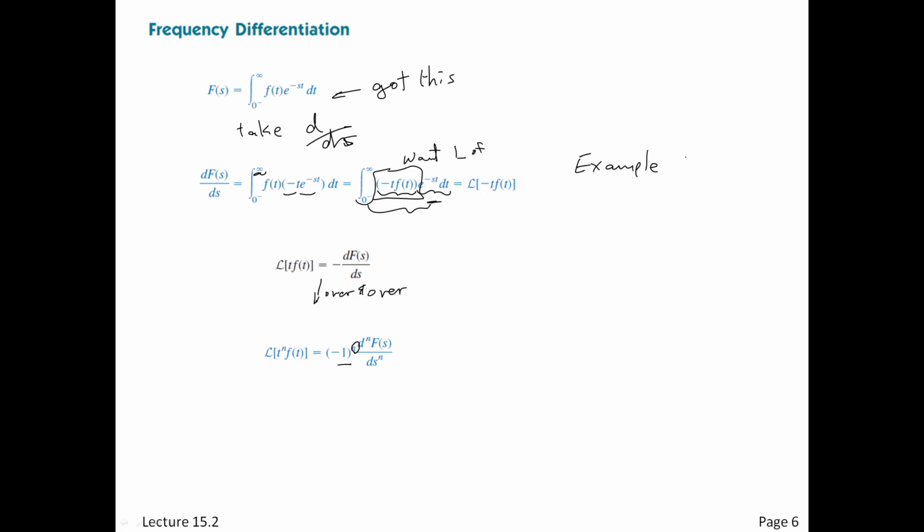Okay, so let's take an example where we know the Laplace of e to the minus at is equal to 1 over s plus a. Now we're just going to use this formula.